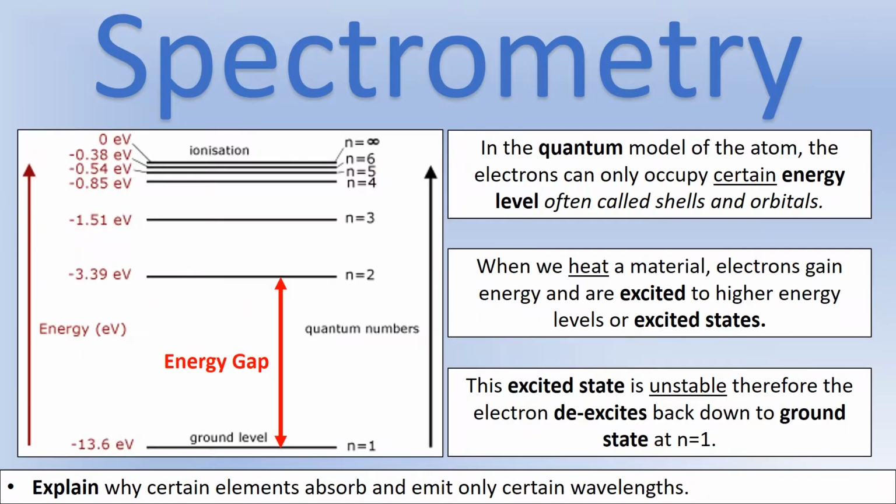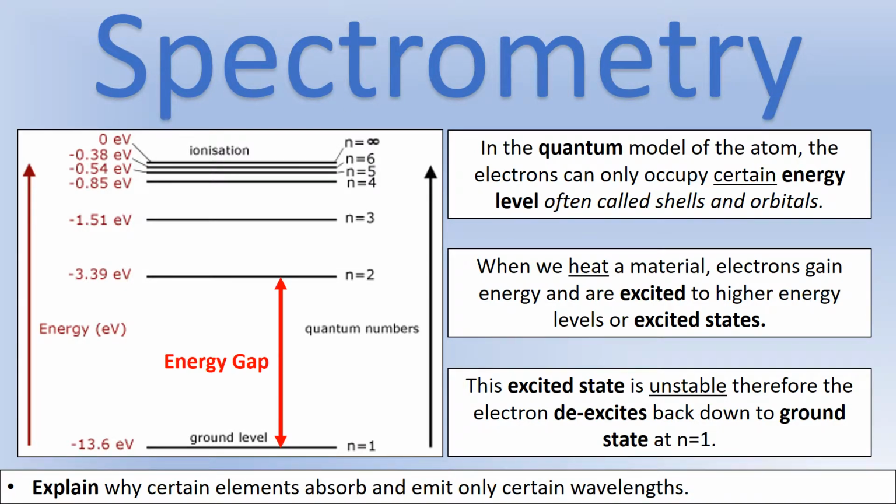Okay. To explain why only certain wavelengths are emitted or absorbed, we need to build a quantum model of our atom. The quantum model says that essentially electrons can only occupy certain energy levels, and you can see those on the left. They're given different quantum numbers, from n equals 1 at ground state up to n equals infinity when it's ionized.